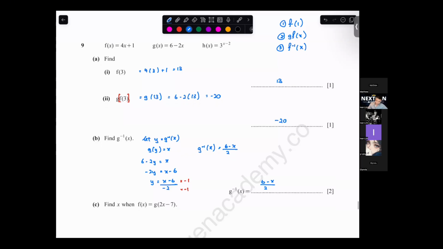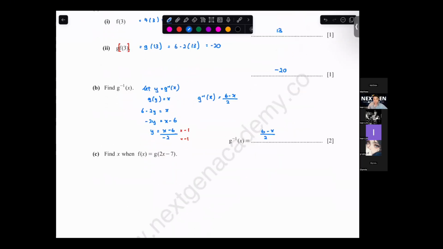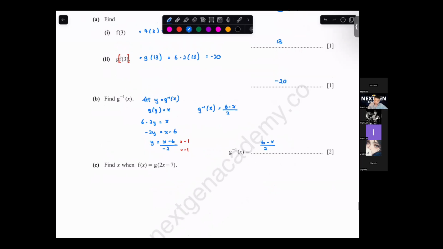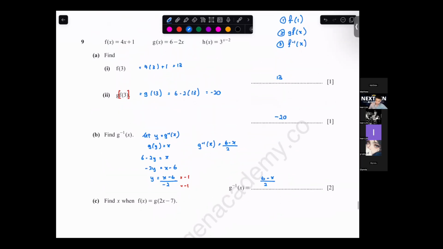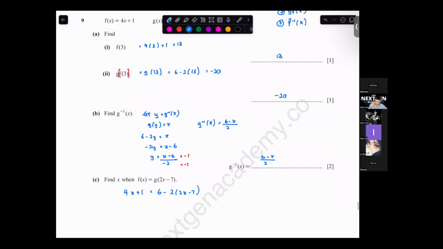Okay, question C. Find x when f(x) equals g(2x minus 7). Okay, so first find what g(2x minus 7) is. You just need to replace your 2x minus 7 into the x here. So it becomes 6 minus 2 times (2x minus 7). Here we have our 4x plus 1.